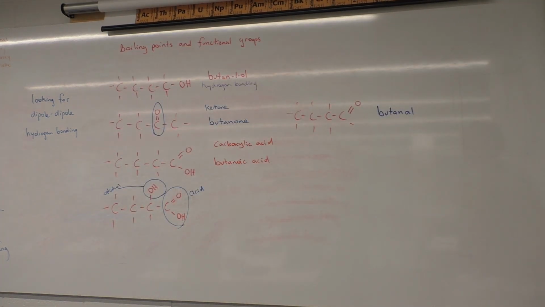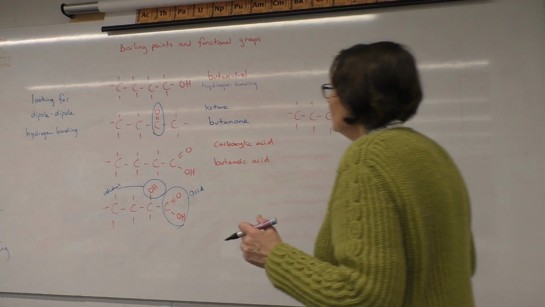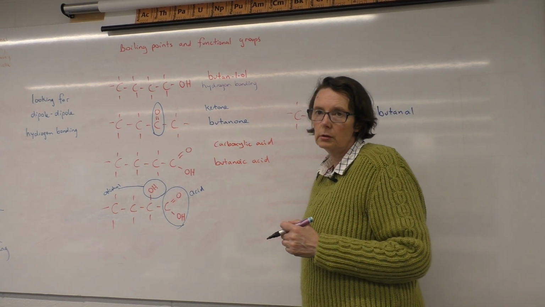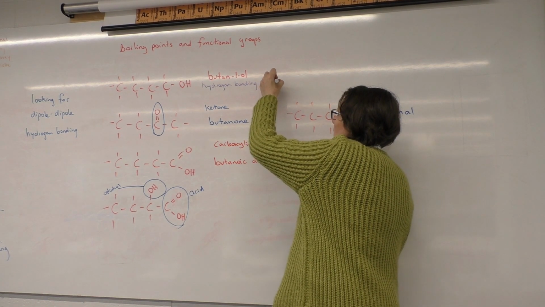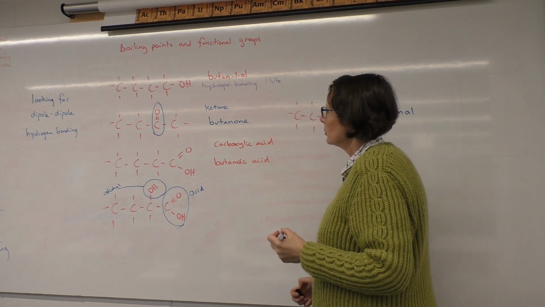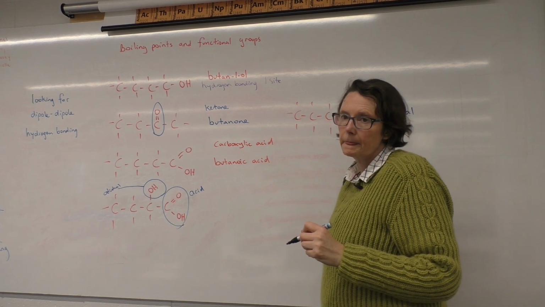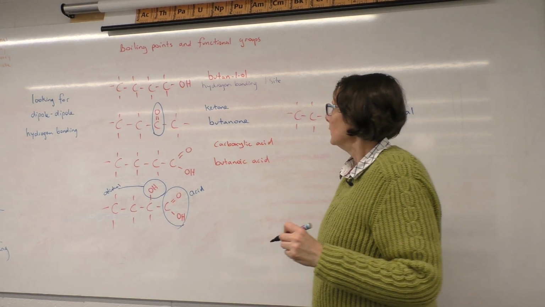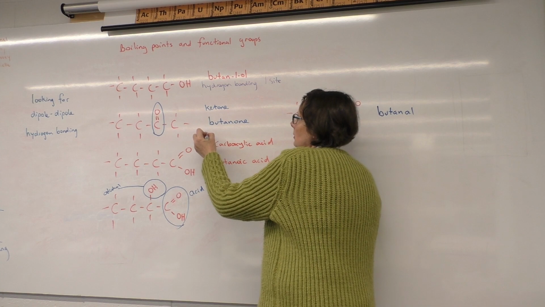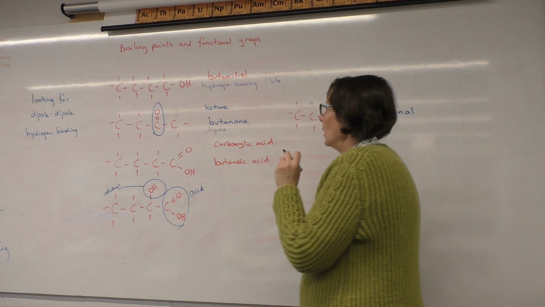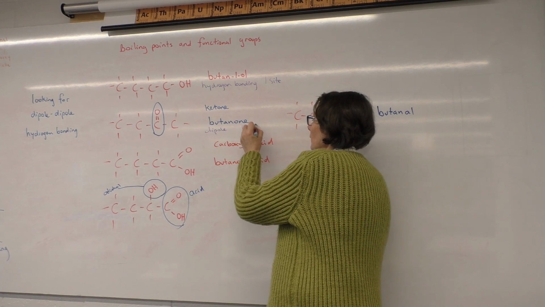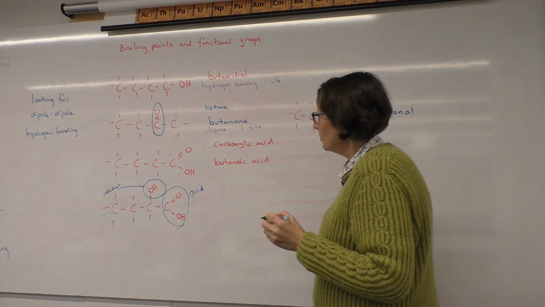All right, so we have hydrogen bonding. How many sites on the molecule? 1. What about for our ketone? Yeah, we've got a dipole. How many? 1. Then we've got the carboxylic acid.